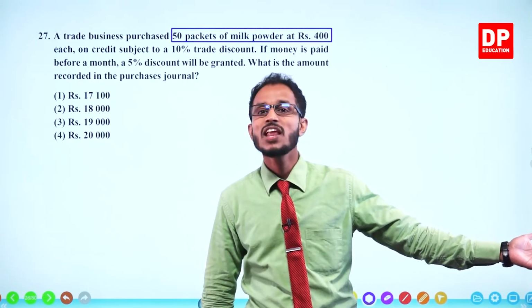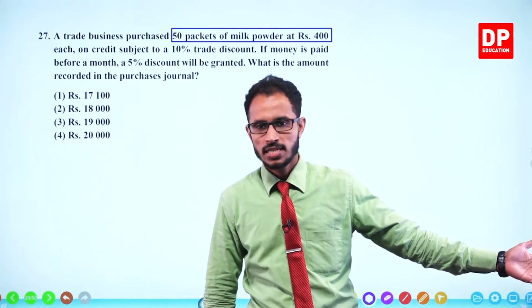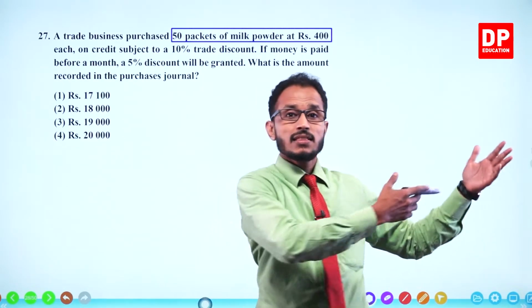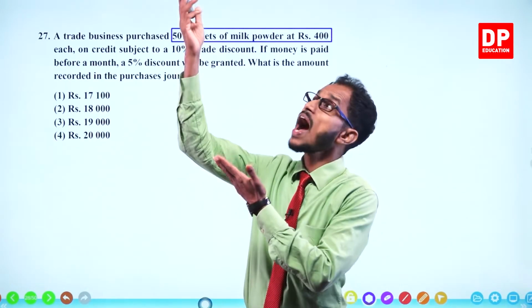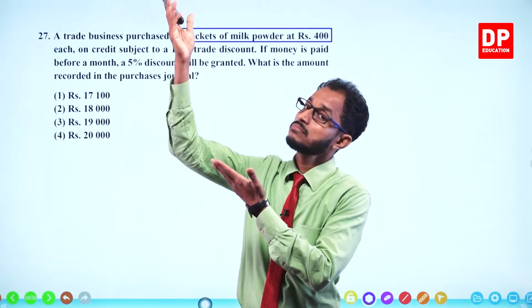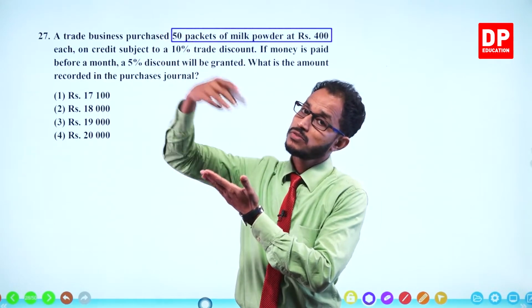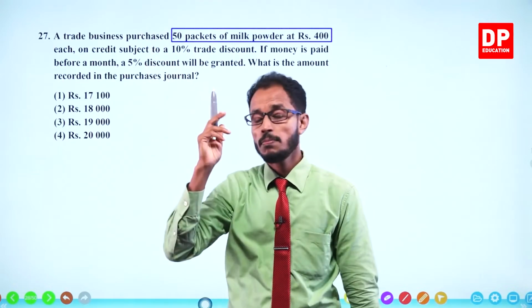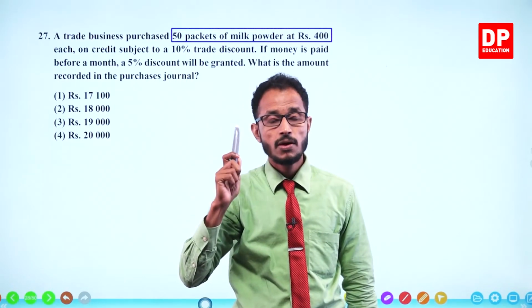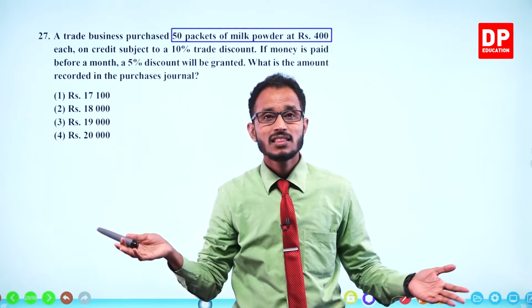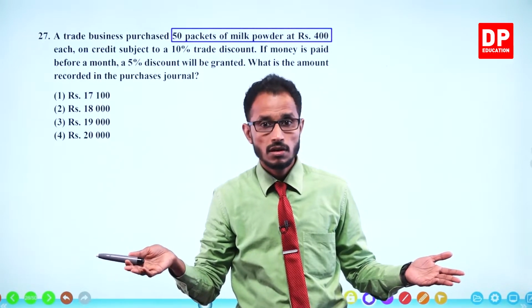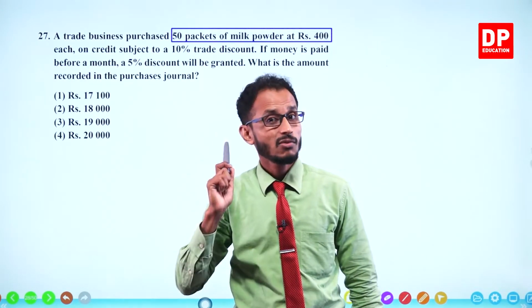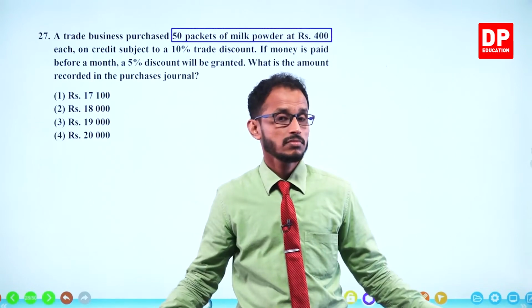Recent inflation in the country has taken the prices of goods sky high. One packet of milk powder, a 400 gram packet, is like 1,200. Above 1,000.